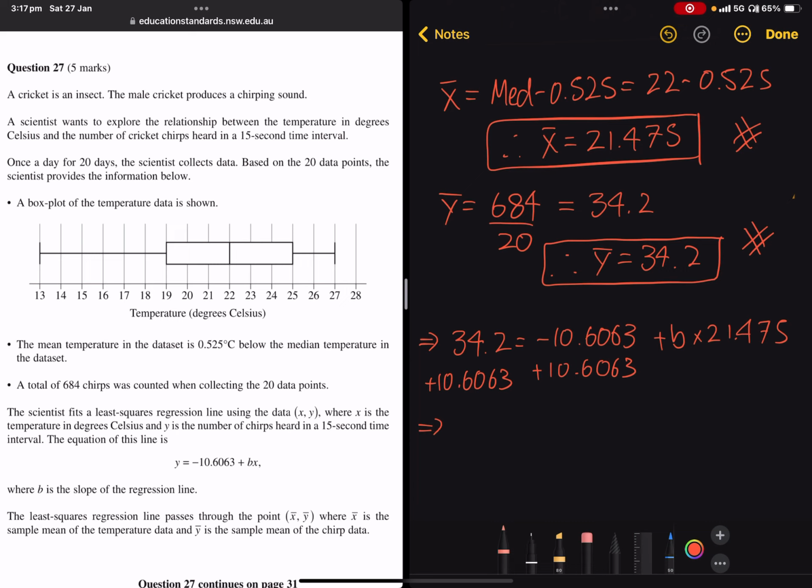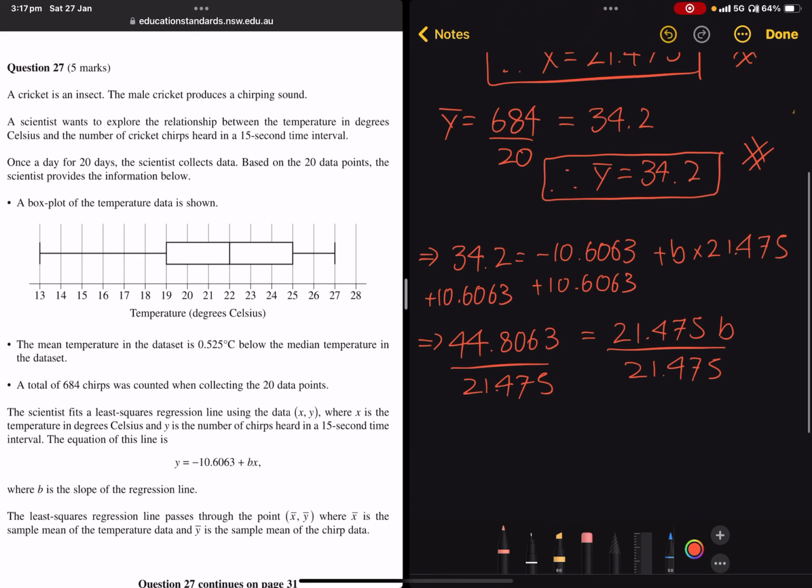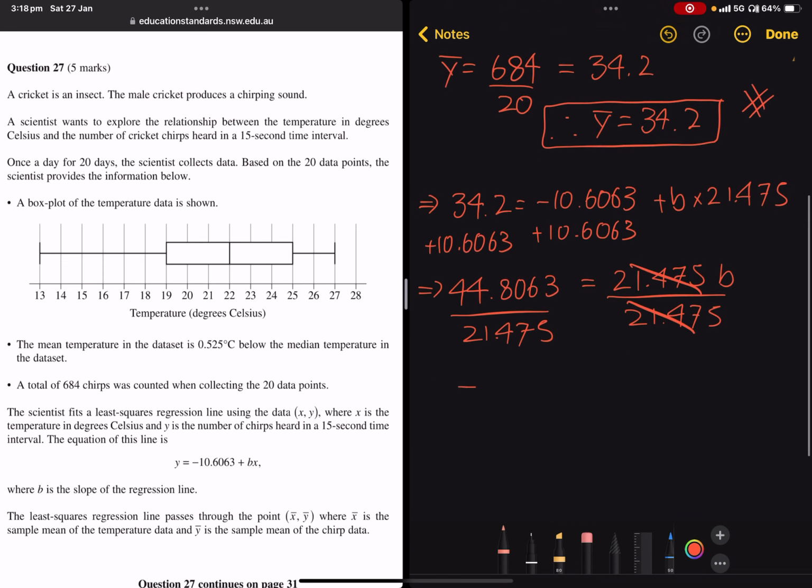This gives us 44.8063 is equal to 21.475 times b. Divide both sides by 21.475. This is going to cancel these, and this is going to give us b is equal to 2.0864. Now this b value, we're just going to cut off at a certain number of decimals because we're just calculating a numerical estimate anyway.